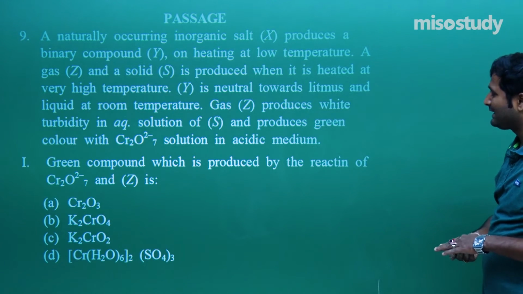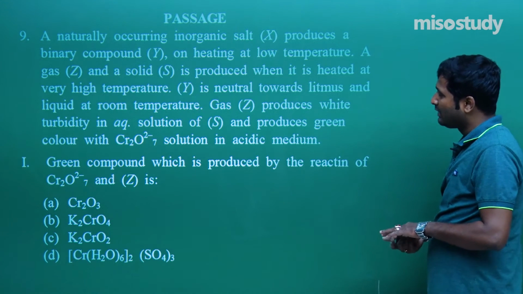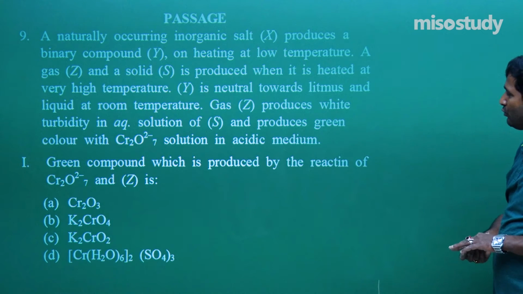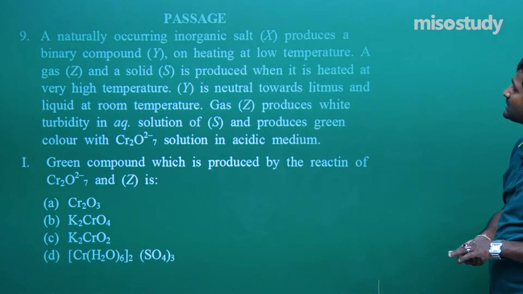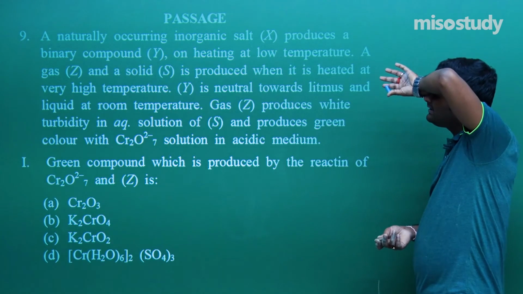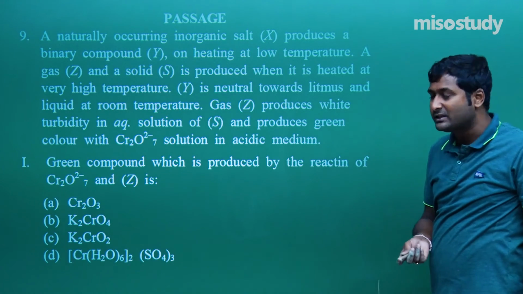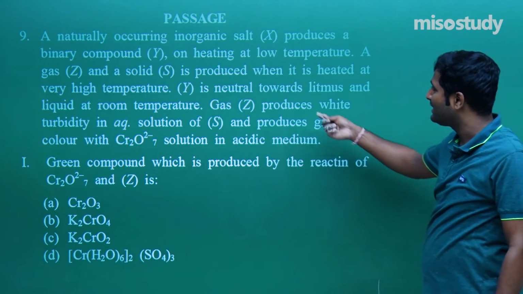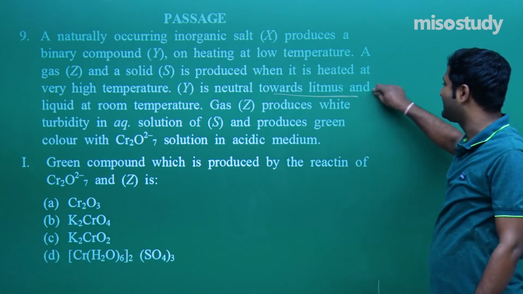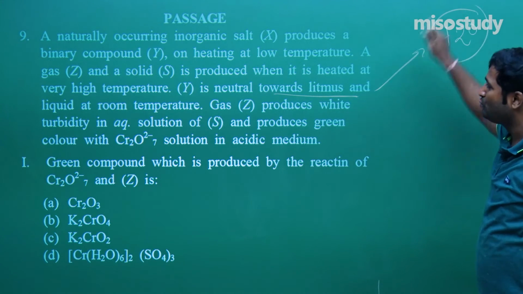Okay, then definitely it is carbonate or sulfate. Y is neutral towards litmus. If Y is neutral towards litmus, then it is neither acid nor base, and one thing which is neutral towards litmus and liquid at room temperature, we can easily say this one is H2O.